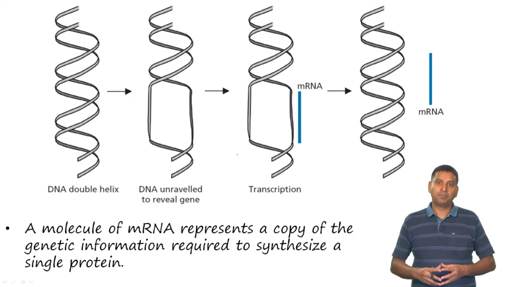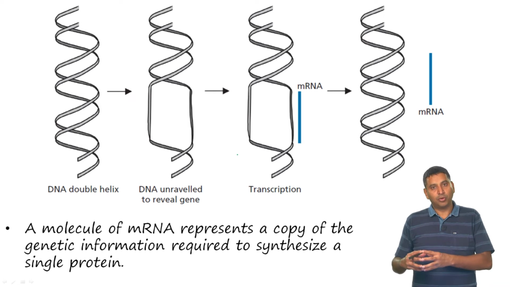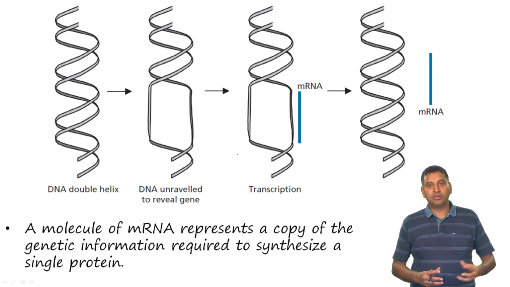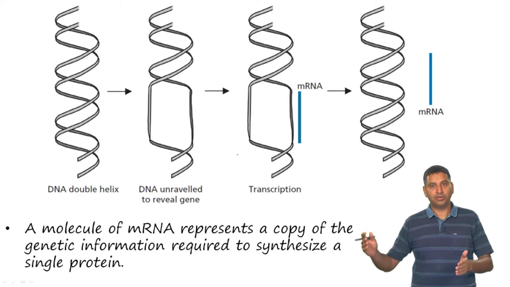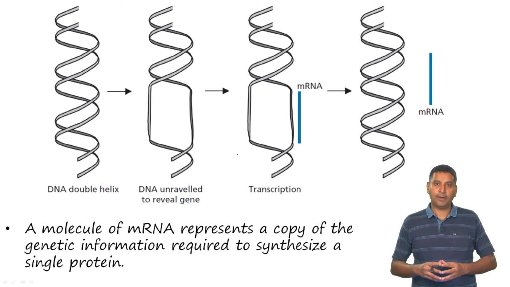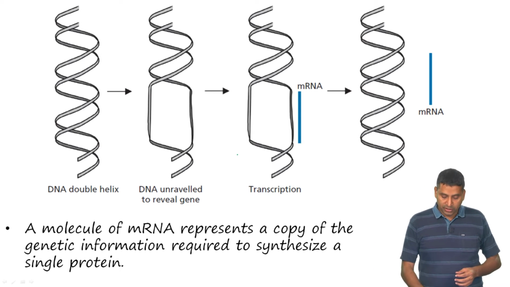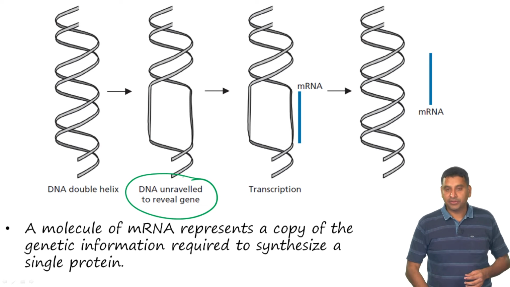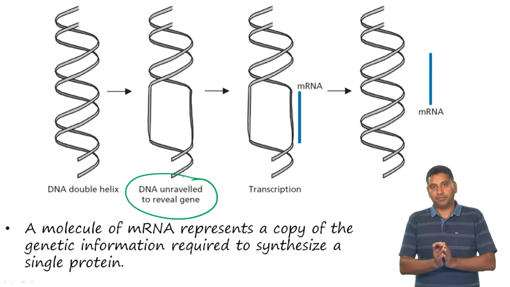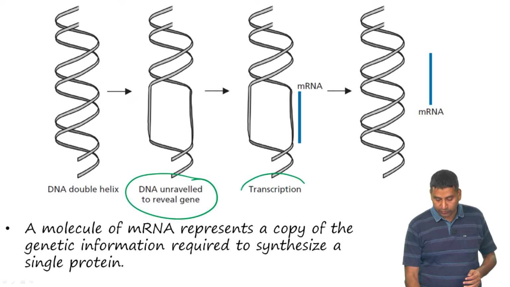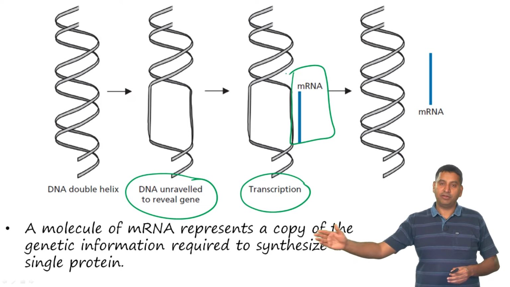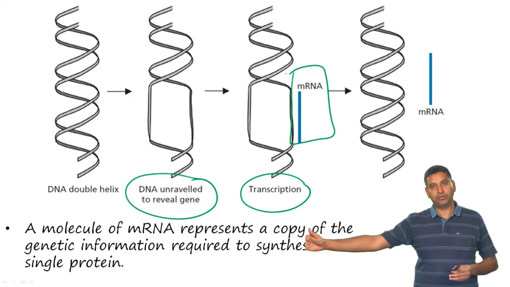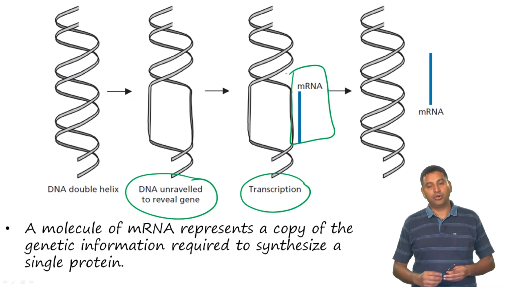Now, in order for proteins to be synthesized, a very similar process has to occur: the information from DNA has to be transferred to what is known as messenger RNA. The first step is that the DNA is unraveled and it reveals the gene. Then, through transcription, a single strand mRNA is synthesized, and this mRNA, as we looked at earlier, is released into the cytosol, where it is going to help with protein synthesis.